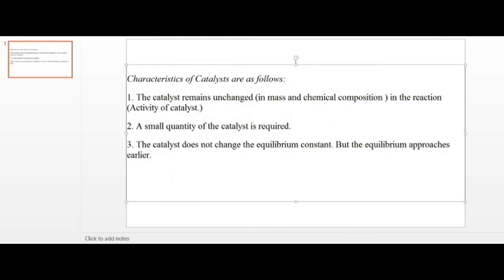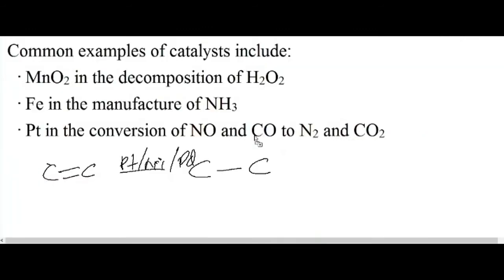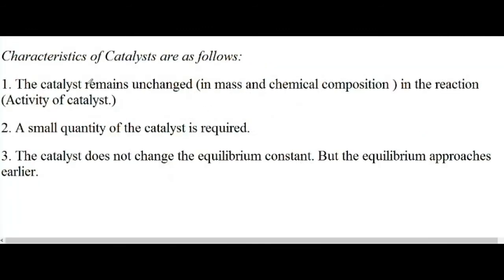So these are some characteristics of a catalyst. A catalyst remains unchanged in mass and chemical composition at the end of the reaction. So there is no change in the amount of catalyst; it makes no stoichiometric contribution to the reaction.